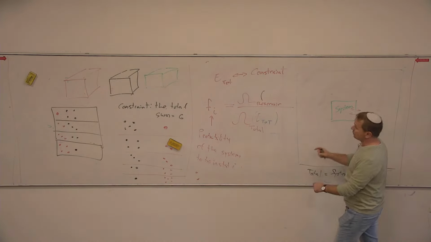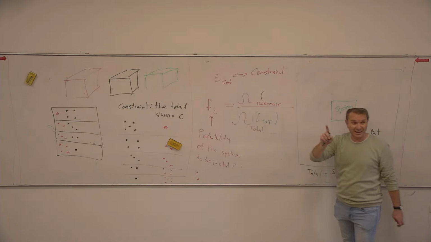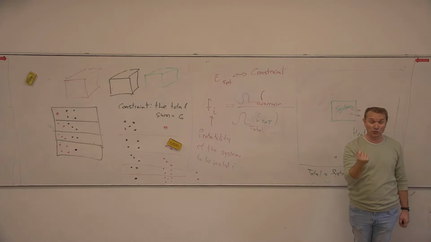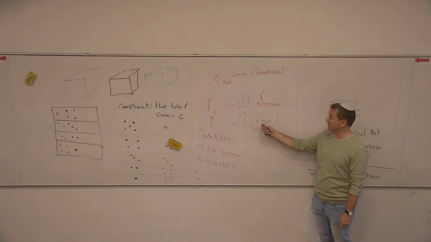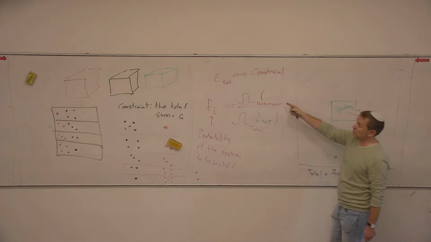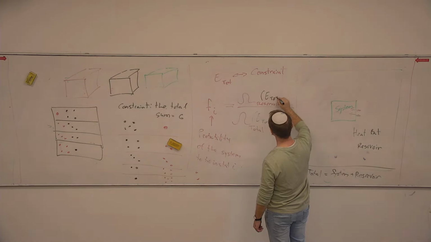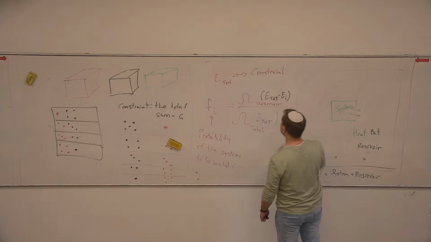So if this corresponds to state I, for state I, there is a specific energy. Let's call it EI. So if this is E total, this is EI, so the energy of the reservoir is E total minus EI.